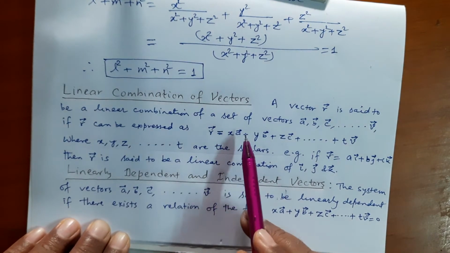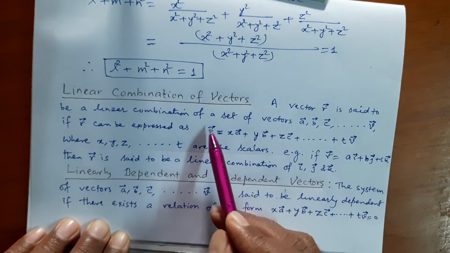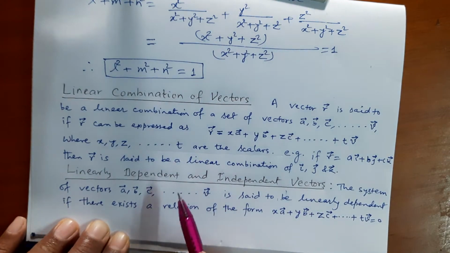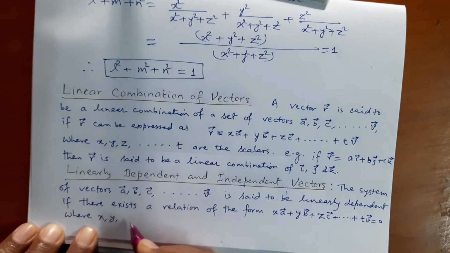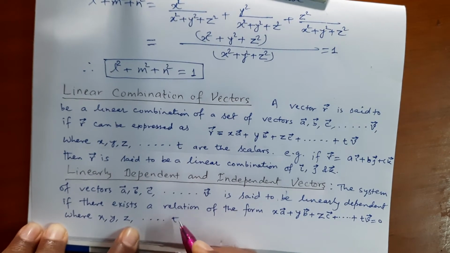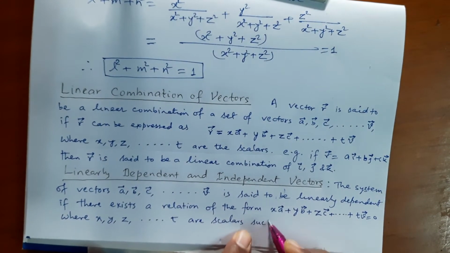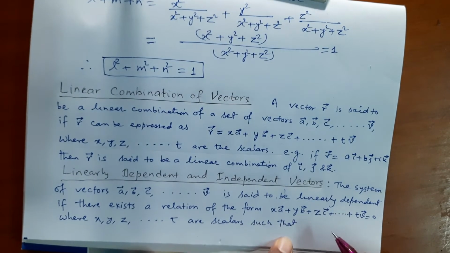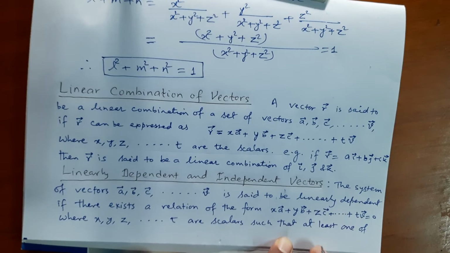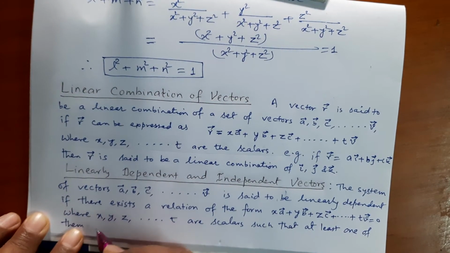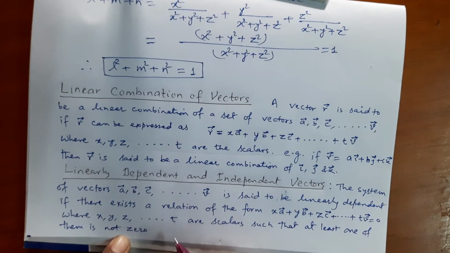In our linear combination of vectors, we have written R equals xA plus yB plus zC plus tV vector, and instead of R if we write 0, then we can also write this relation, where x, y, z up to t are scalars such that at least one of them is not 0.